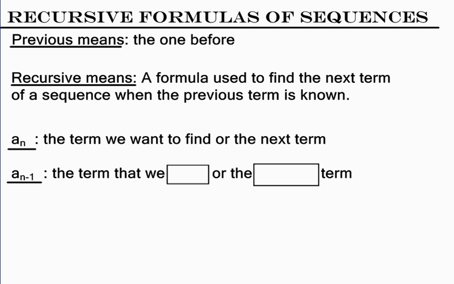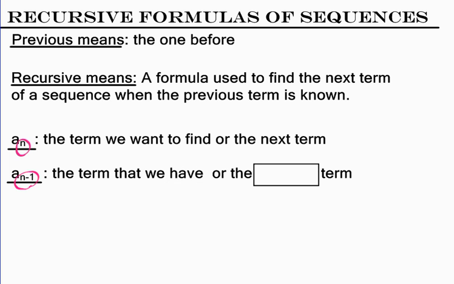and a sub n minus 1, and this is notation right here. That is not something you use to calculate, any more than we use this to calculate. There's no calculation with that. So a sub n minus 1 means the one that came before the one, a sub n.